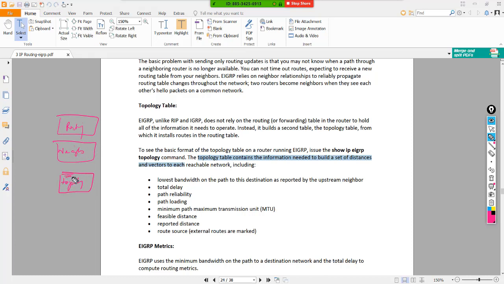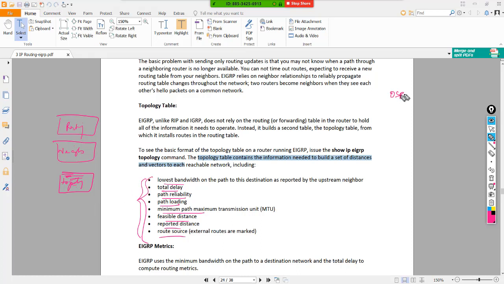Whatever links you have, they have gone through all the required parameters: lowest bandwidth, total delay, path reliability, path loading, minimum path maximum transmission unit, feasible distance, reported source. It has gone through all this, and then the topology tables are formed. It's not that it's going to keep all the information.